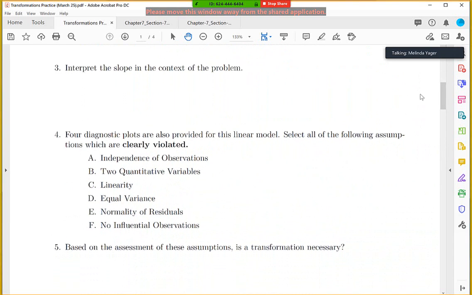So why don't you guys work on a slope? Actually, I'll post it while you guys work on your interpretation of your slope. And ask questions as you have questions.